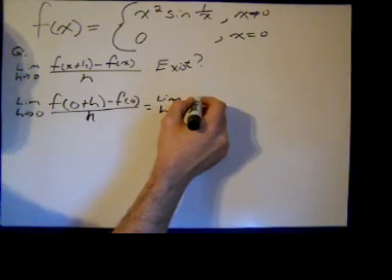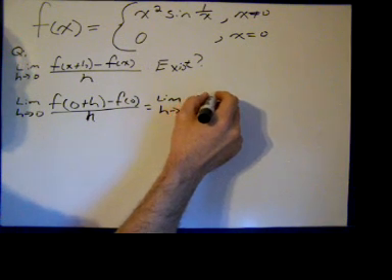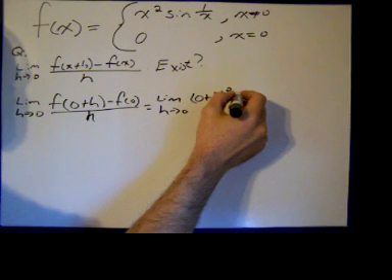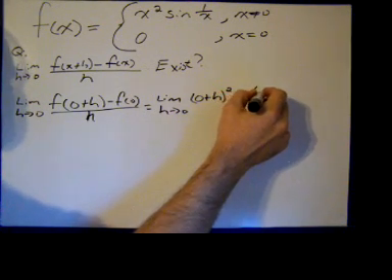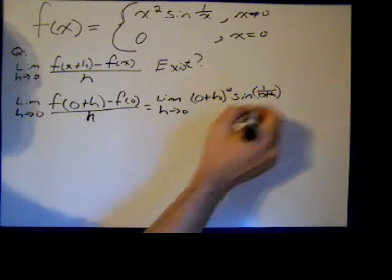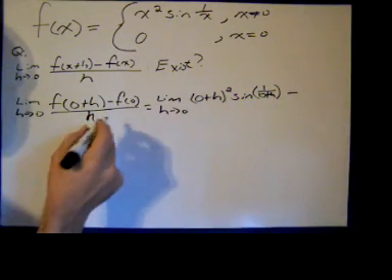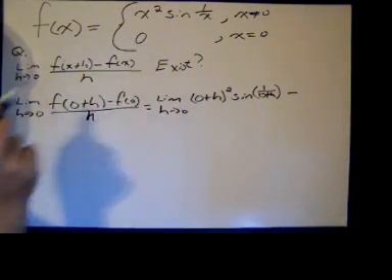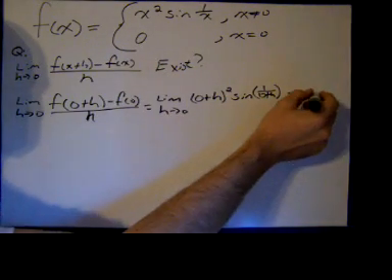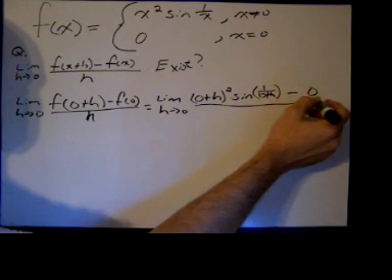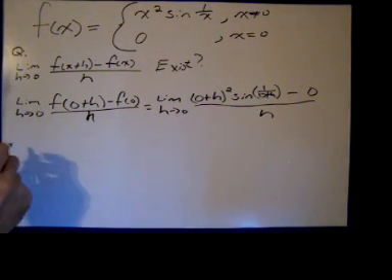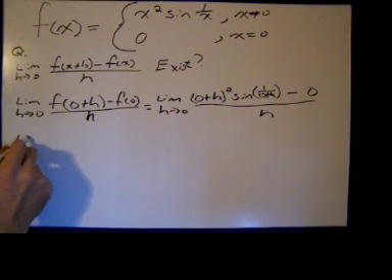So we'll say 0 plus h squared times the sine of 1 over 0 plus h, minus f of 0. Well, the function is defined at 0, and f of 0 is 0. So minus 0, all over h.